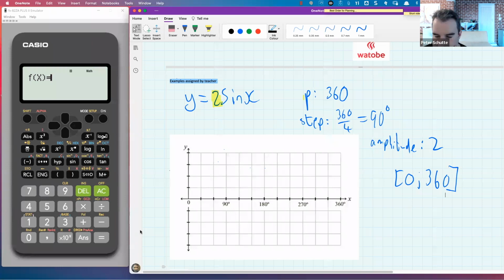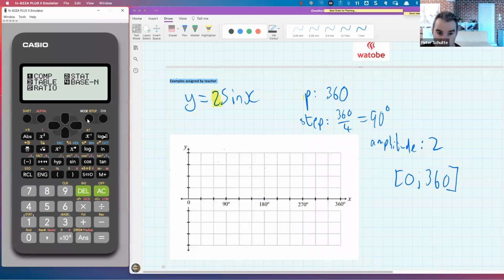So how do I get my calculator to help me? I go to Mode, and then I click on Table. Now I'm going to key in the formula that I've been given. So I go 2, then sine, then alpha x, close bracket.